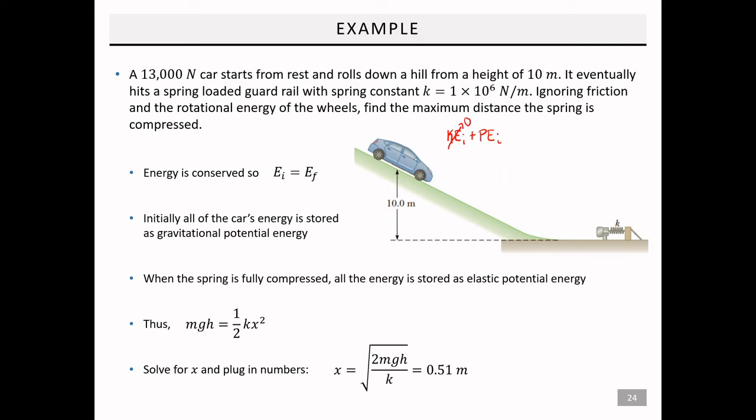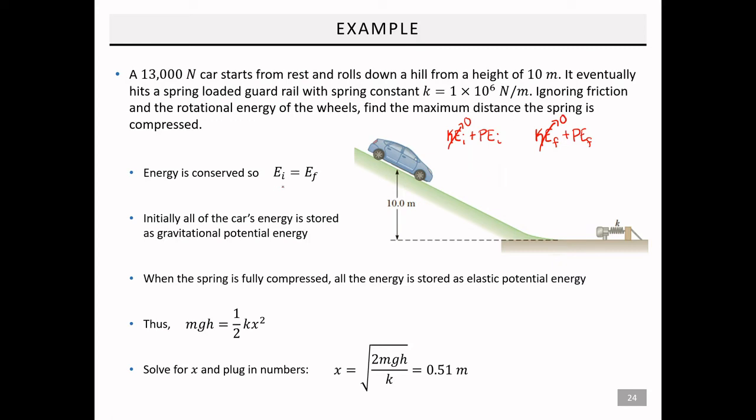Right? That's essentially when the spring is turning around. So the velocity of the object is 0. So then the final kinetic energy is also going to be 0.